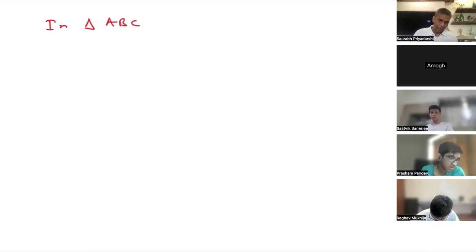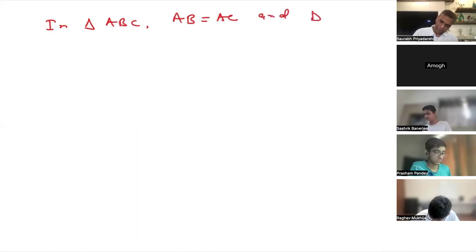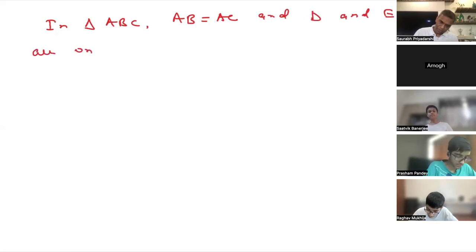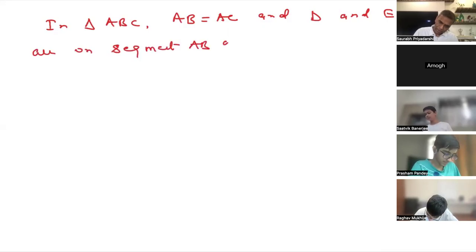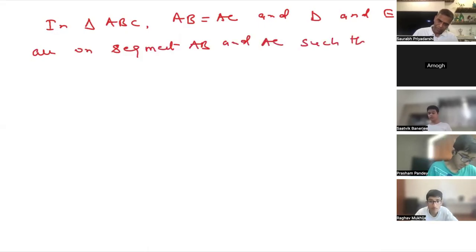In triangle ABC, AB is equal to AC, and D and E are on segments AB and AC such that BD is equal to CD.